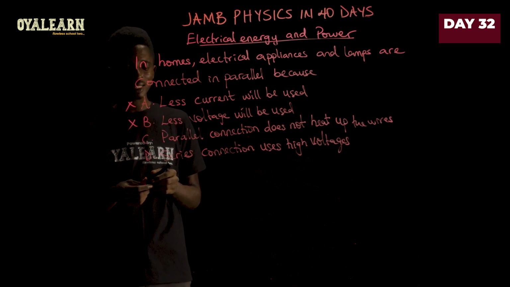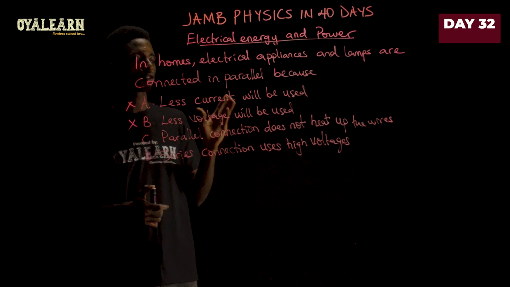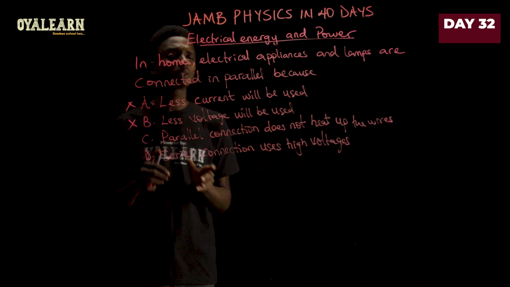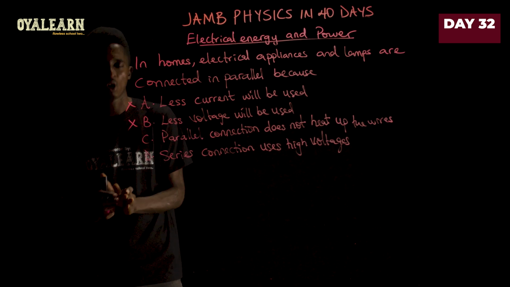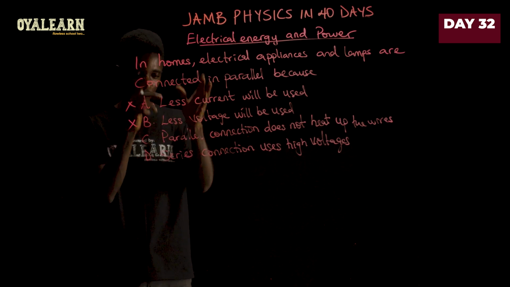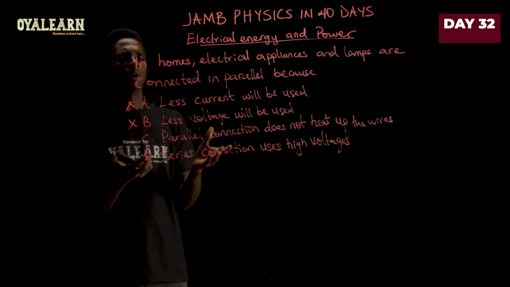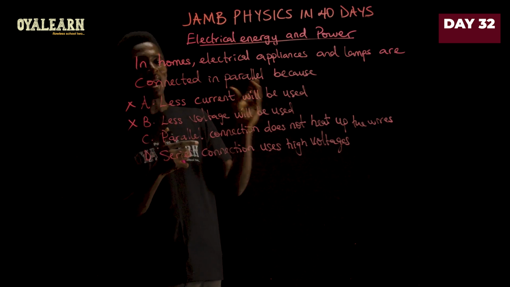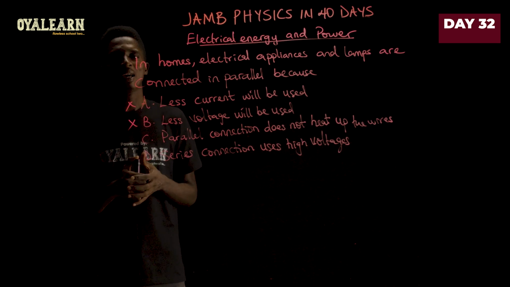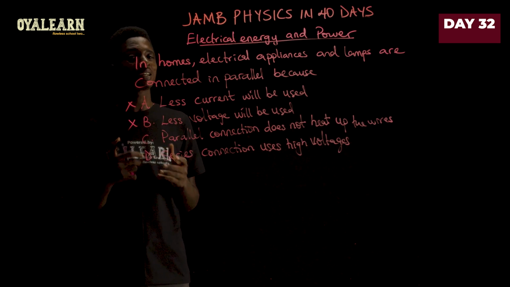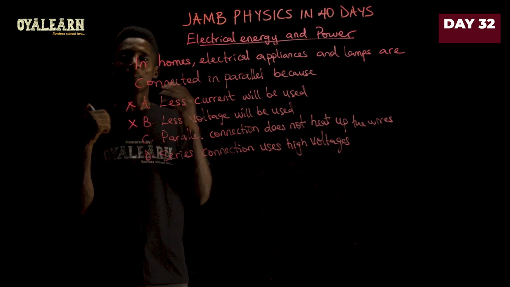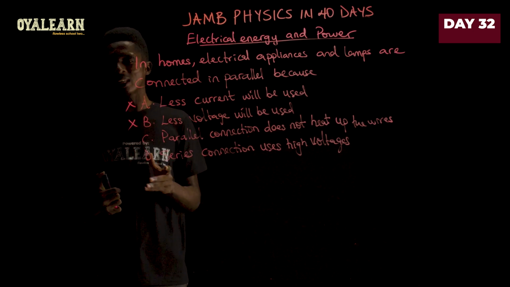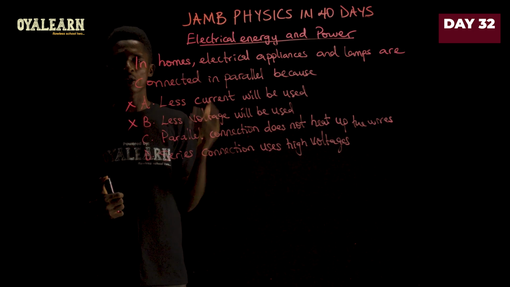Now, option C says parallel connection does not heat up the wire. Now, this is not entirely true, but because of the kind of options we have here, we can still accept this, in the sense that how the wires get heated up depends on the amount of resistance offered. That is, the more load you have, if you overload a circuit, it's always going to get hot.